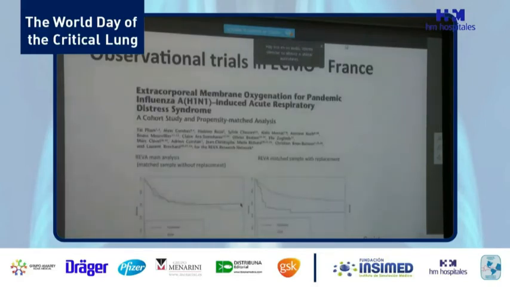Reviewing a similar trial in France, this is the Noah study, again comparing a cohort of patients who received ECMO and a propensity-matched cohort who did not receive ECMO. One thing they did note, in their supplement, is that depending on the statistical technique used, you can have a substantial or significant difference between patients who received ECMO and those who did not.